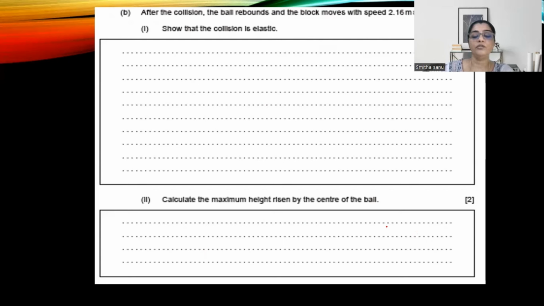So if I know the velocity of an object before and after, we can very clearly see to simply prove that total kinetic energy before the collision is equal to the total kinetic energy after, for each of them, for the ball as well as for the block.